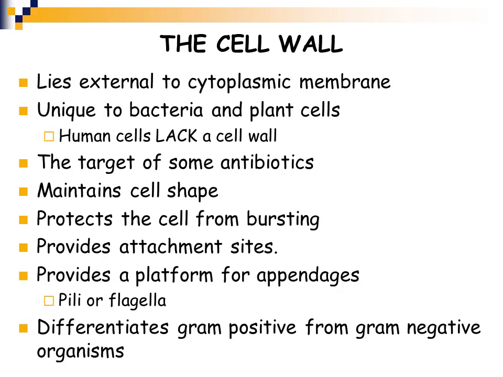The cell wall of a bacterium lies outside the cytoplasmic membrane. So the key thing about the cell wall in bacteria is it is very unique to bacteria and plants. Only bacterial cells and plant cells have a cell wall.